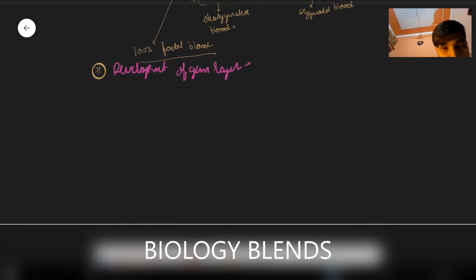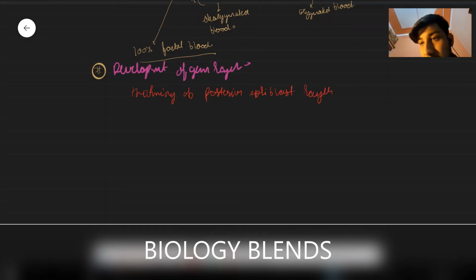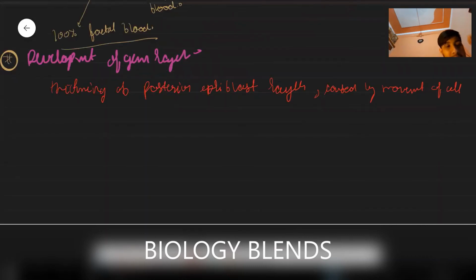Thickening of the posterior epiblast layer, caused by movement of cells, results in formation of the primitive streak.